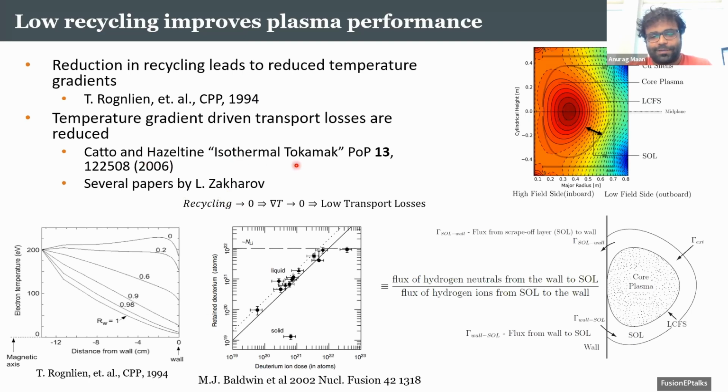So they basically looked at neoclassical transport and said, okay, what happens if your temperature gradient terms go to 0? And that would mean that your ion temperature gradient and electron temperature gradient driven transport is reduced to nothing, which explains why confinement would improve.